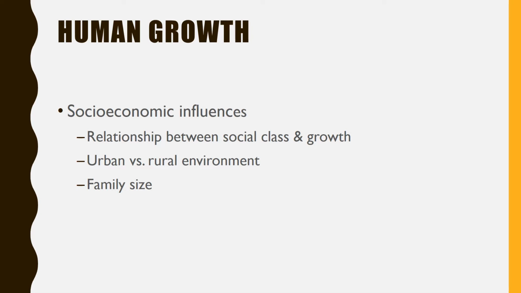Also, in relation to socioeconomics, many studies have revealed that economically developed societies tend to have children that are often larger and grow more quickly. For instance, studies have shown children growing up in an urban environment grow more quickly than those that grow up in a rural environment.